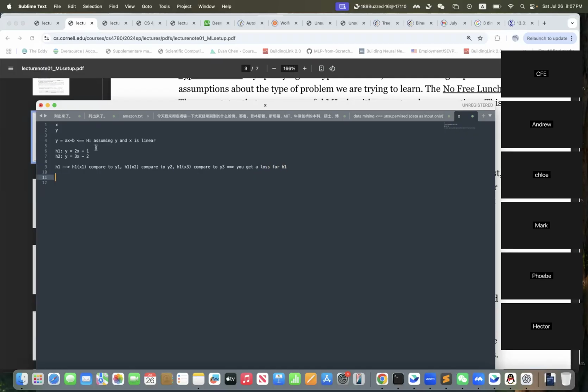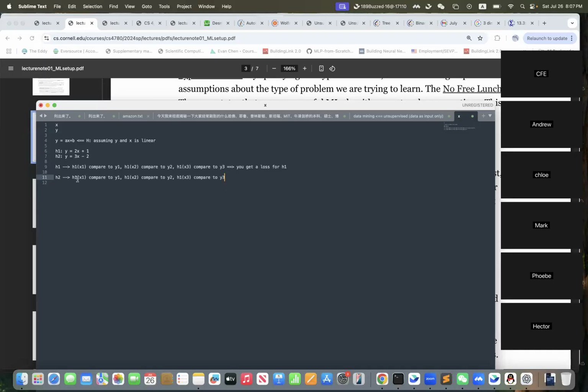So this is a specific hypothesis function. And of course, using hypothesis function h2, we can still do the same thing, right? Apply h on x and then compare it to y. So h is our hypothesis function. It is what we use to predict, right?